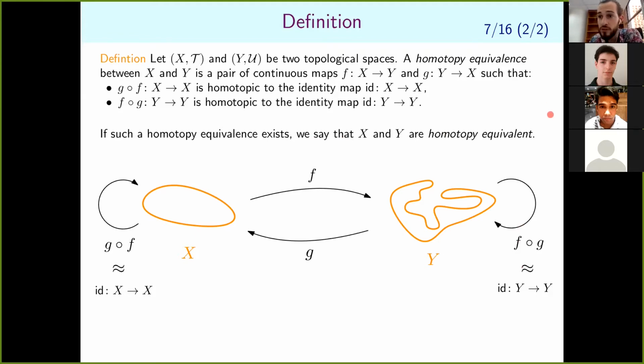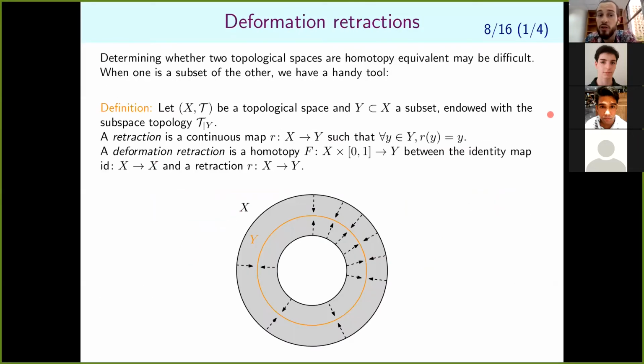And this tool, this trick, is called deformation retractions. This works when one of the sets, X and Y, is a subset of the other. So consider a topological space X and a subset Y. You endow Y with the subspace topology.